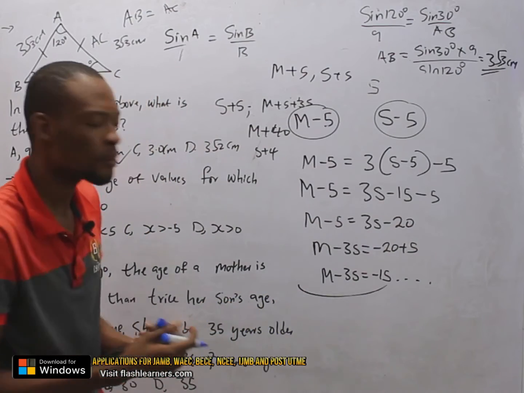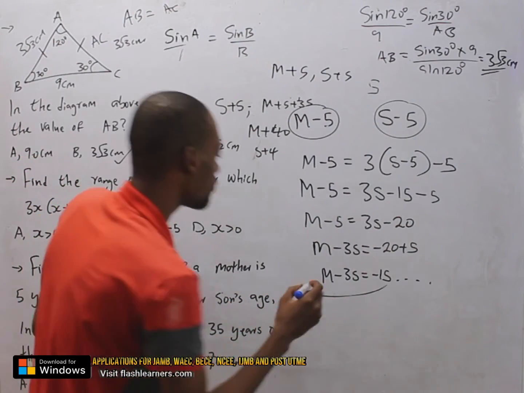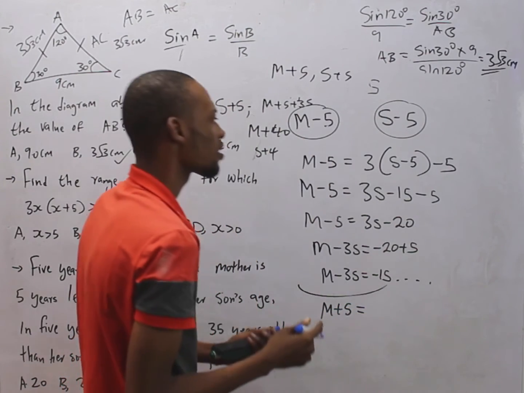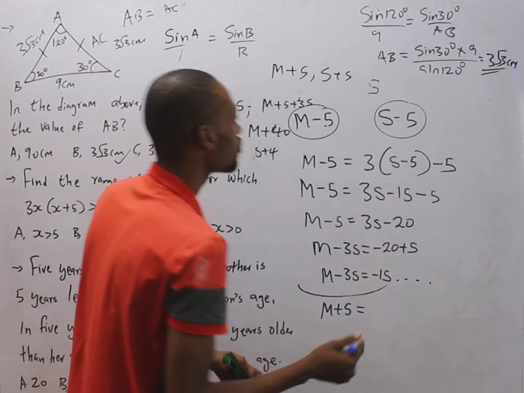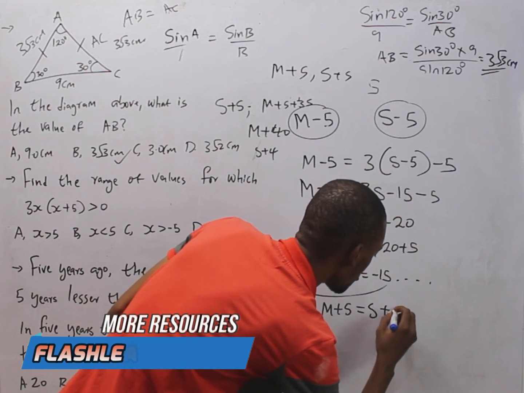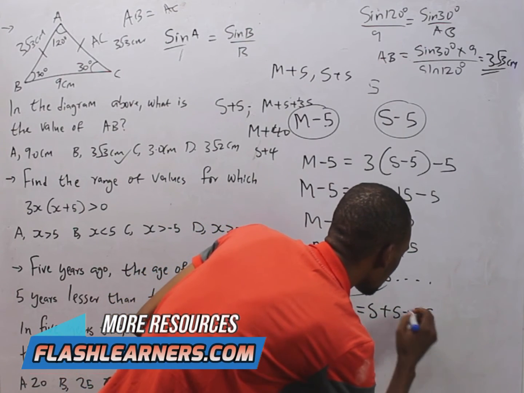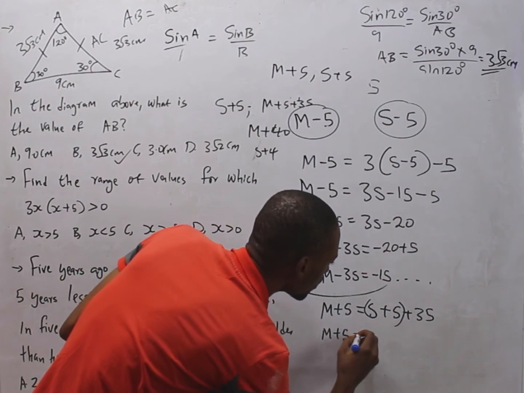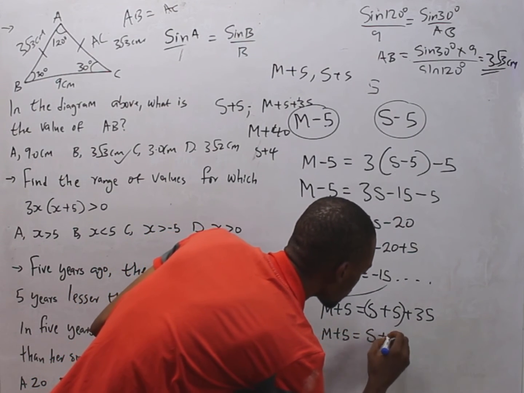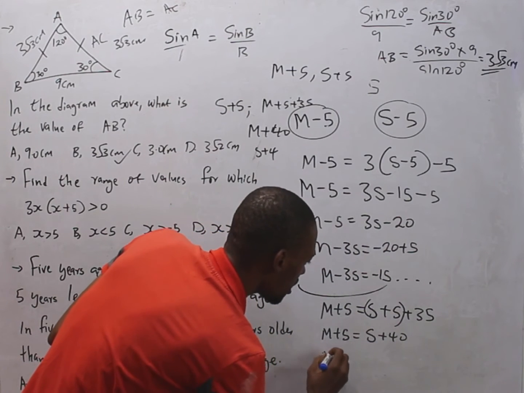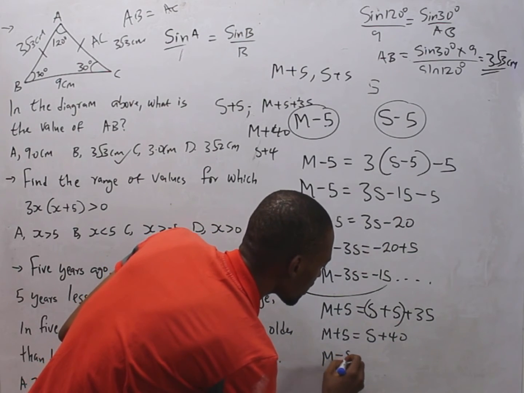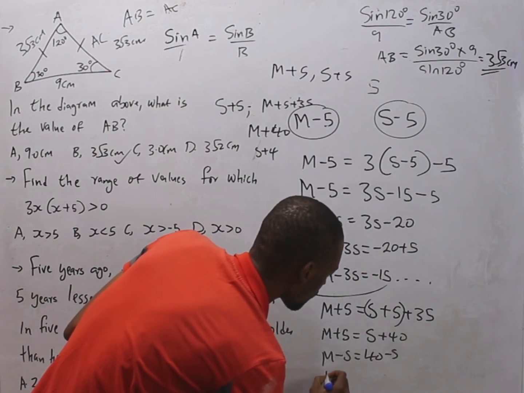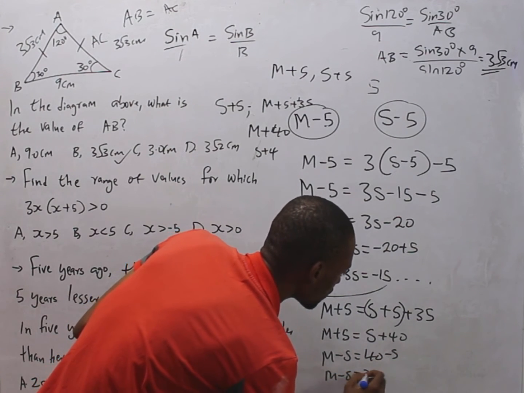But this question says, in 5 years' time, the mother, M plus 5, is 35 older than the son, which is S plus 5 plus 35. Which means M plus 5 equals S plus 40. M minus S equals 40 minus 5. M minus S equals 35.